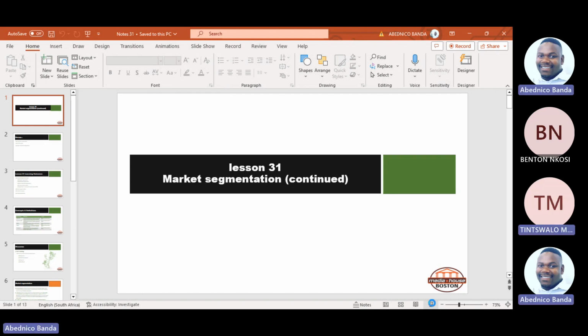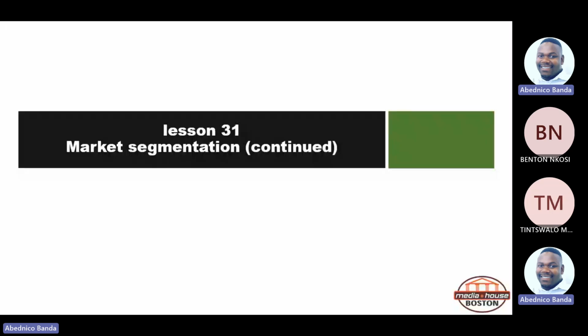Okay. So as you realize, this lesson is continued, meaning lesson 30 also talks about segmentation, but we could not do segmentation in class because there was no one. So I advise you to go and have a look at lessons 29 and 30 if they are there on Core Campus.